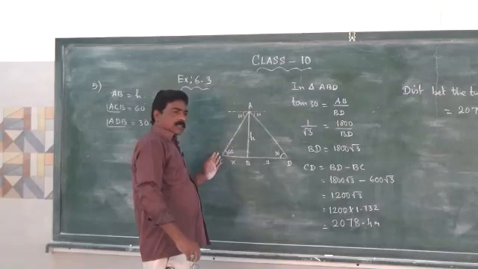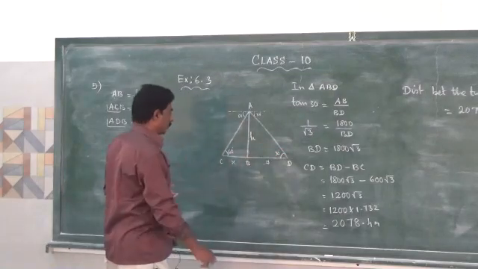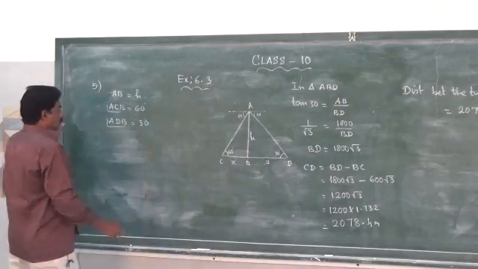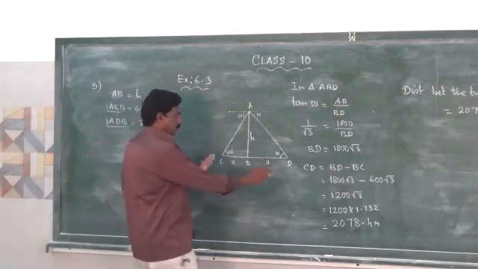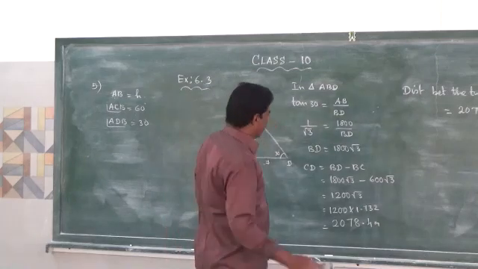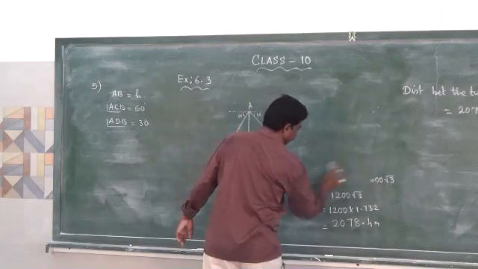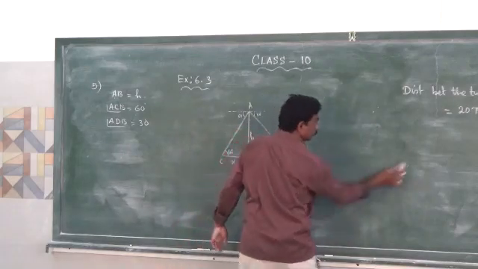You can take this as 60 and this as 30, anything you can take. Now what is given? We have to show that the distance between the two ships, that is CD, is equal to 4h by root 3. So you have to find CD.